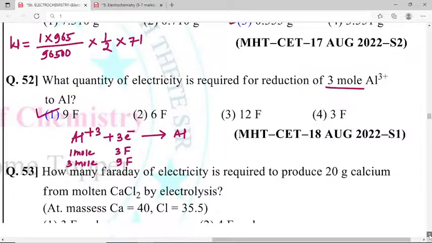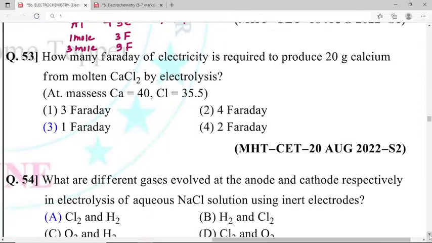Next question: how many Faradays of electricity are required to produce 20 gram calcium from molten calcium chloride? Molar mass is given. First we have to calculate the mole. Mole is equal to 20 divided by 40, 0 gets cancelled, 1 by 2 is 0.5. So 1 Faraday is your answer.